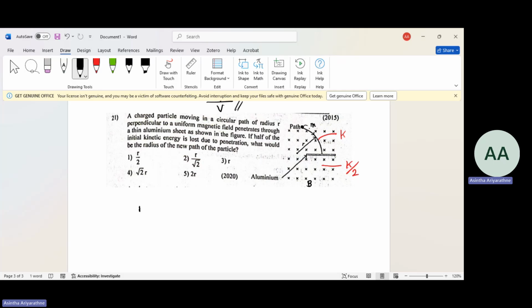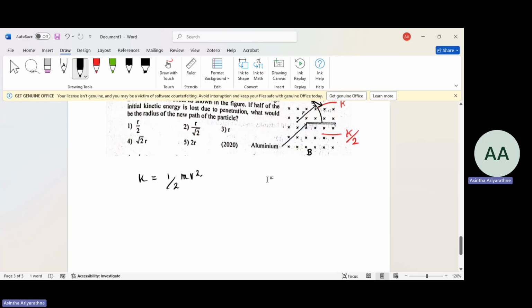So K is half m v squared, if the velocity is v. Then K over 2 is one quarter of m v squared.